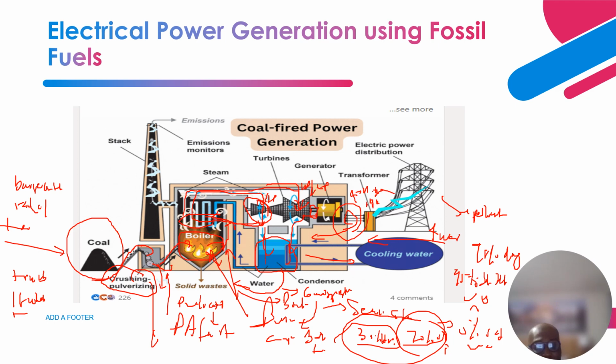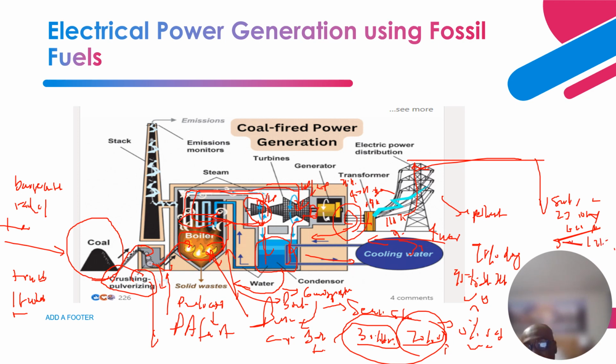18 kV, 21 point something kV, before it gets into this step-up transformer that steps the voltage up to 115 kV, 230 kV, 345 kV, before it goes into this electrical transmission system that goes all the way, various miles before it gets into a sub-transmission system that steps the voltage down, let's say from 230 kV to 69 kV or 115 kV or 345 kV to 115 kV.